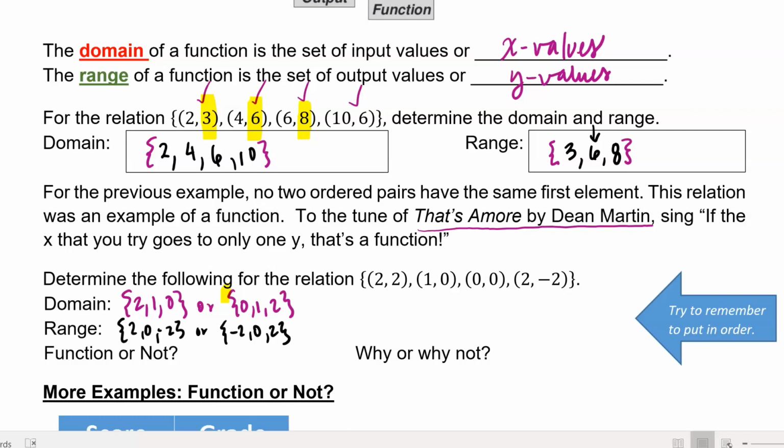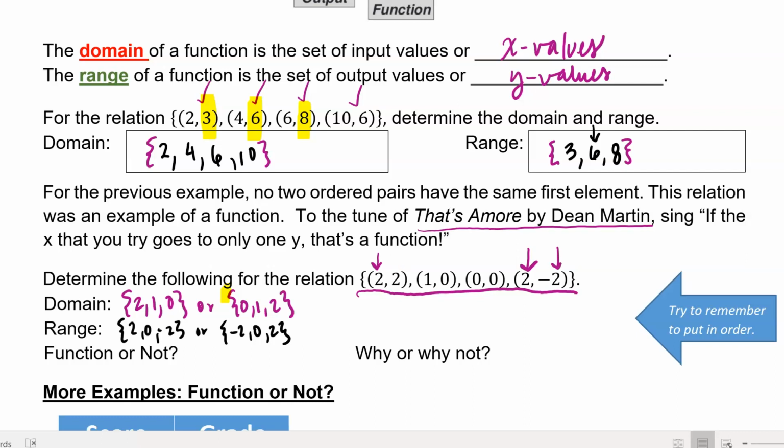Now, what did you say about the function? Is it a function or not? It turns out this relation is not a function because the first component 2 is going to 2, but that same first component is also going to -2.